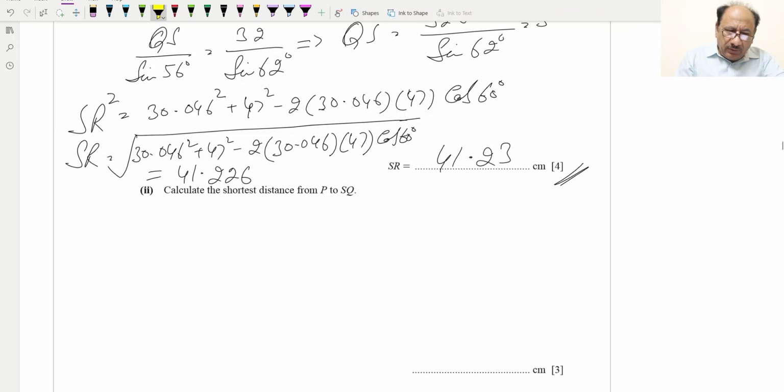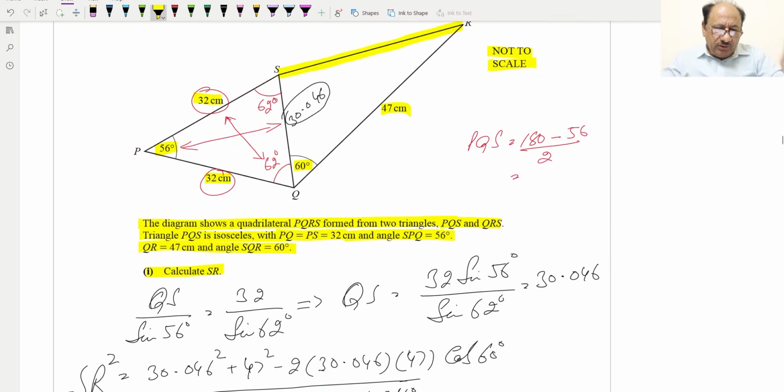And for the second part, they are saying calculate the shortest distance from P to SQ. From P to SQ, the shortest distance will be the perpendicular distance, as the perpendicular is always the shortest distance, and this one we can take as 90 degrees.